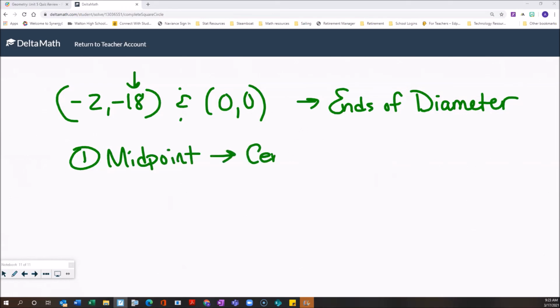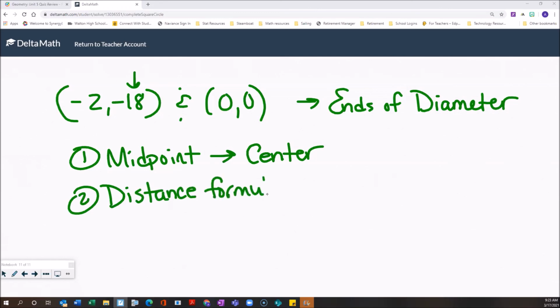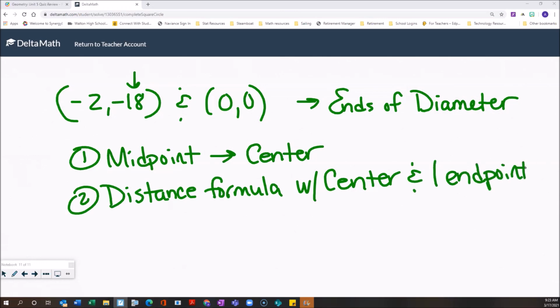But you're going to use the midpoint formula to get to the center, and then use the distance formula with the center and one endpoint they gave me. All right.